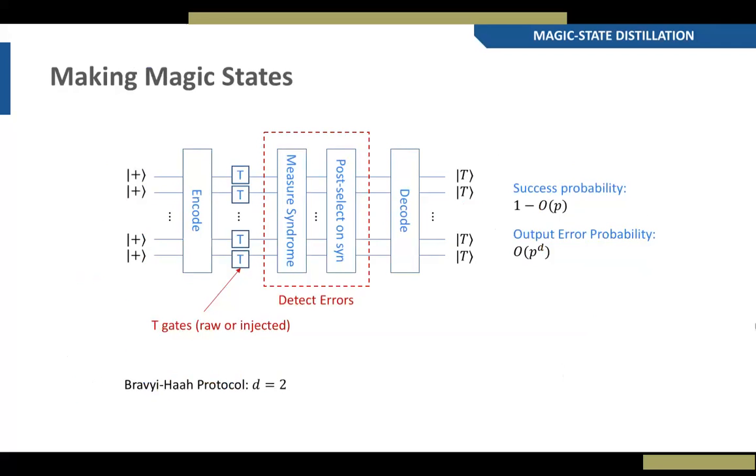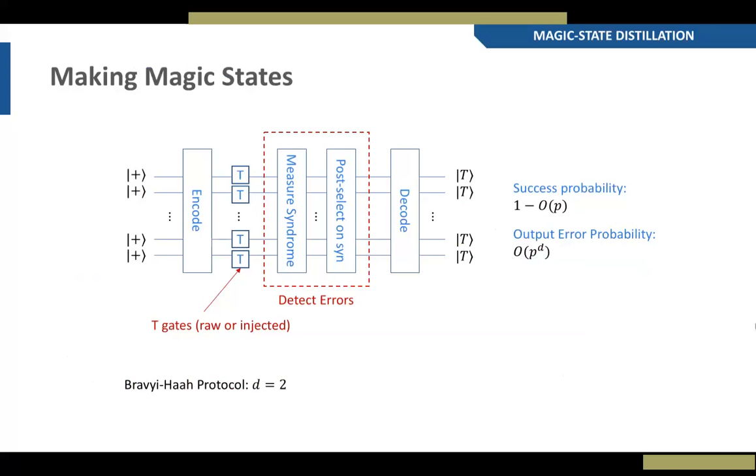On top of surface code, you can encode to a higher-level code that allows for a transversal T gate. So encode those logical qubits to that code, apply the transversal T gate to them, and then detect any error. If you have an error, you start over. If not, great, you keep going, and then you can decode it back to your logical qubit.